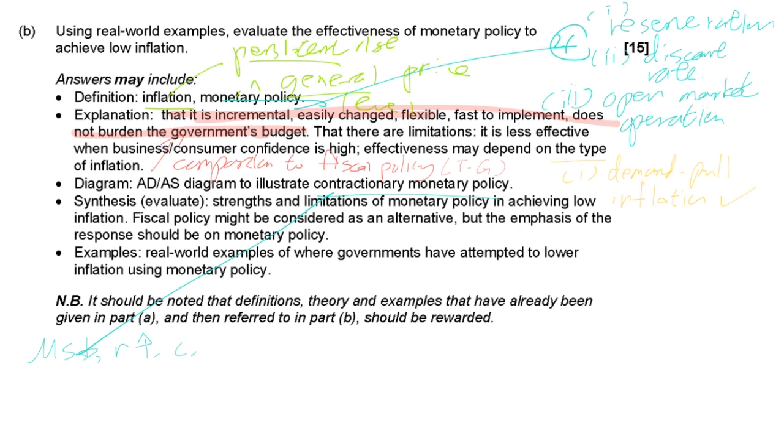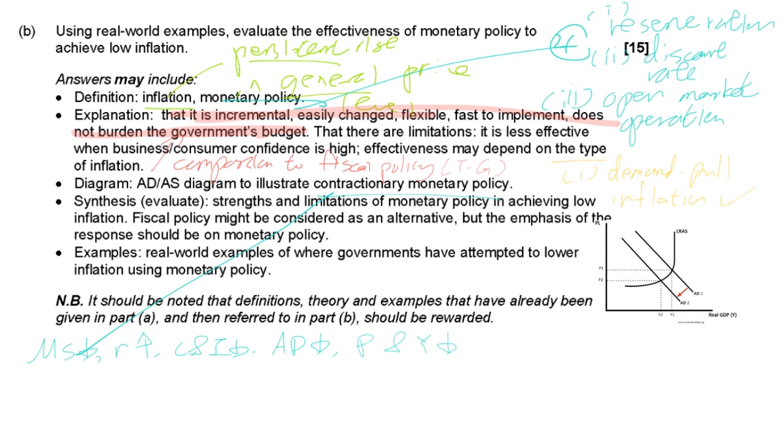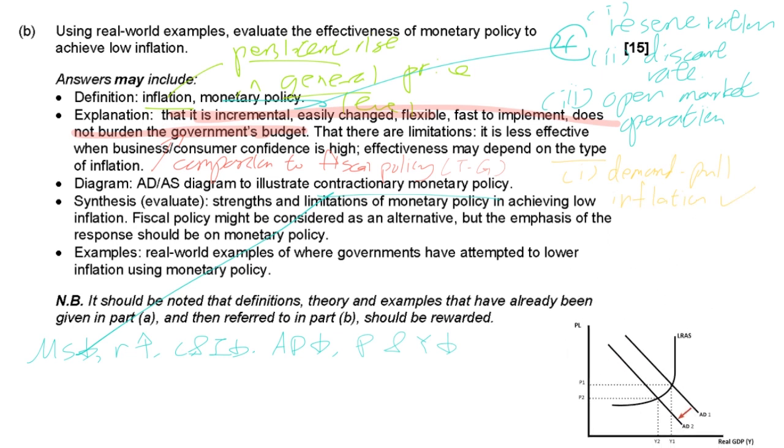That would make the consumption expenditure and the investment expenditure drop. Then the aggregate demand will drop, and both the price level and the aggregate output will drop. That's what we call contractionary monetary policy. Now you can see the diagram. When the AD curve shifts to the left, the price level will drop. This is the diagram we need to draw.